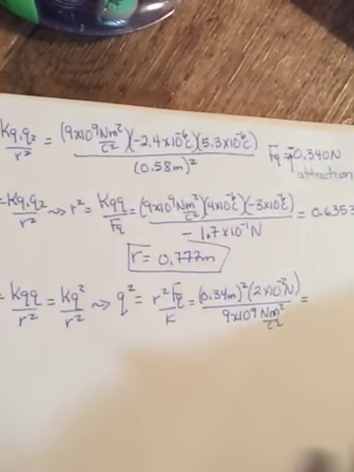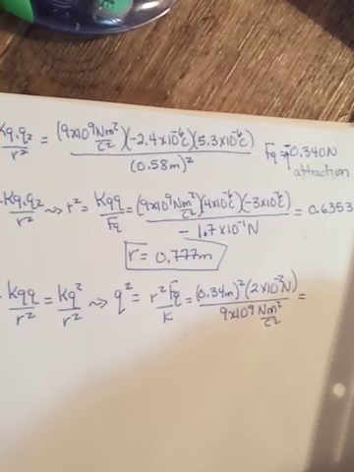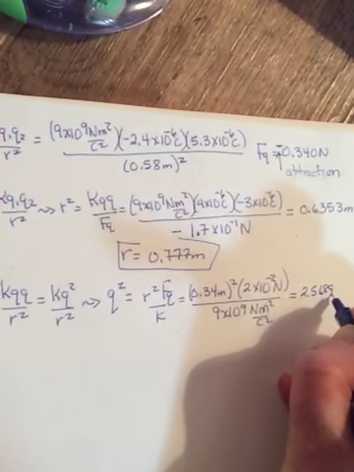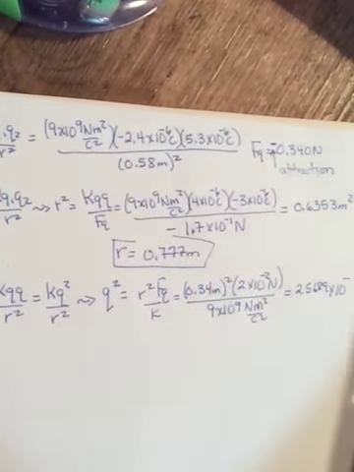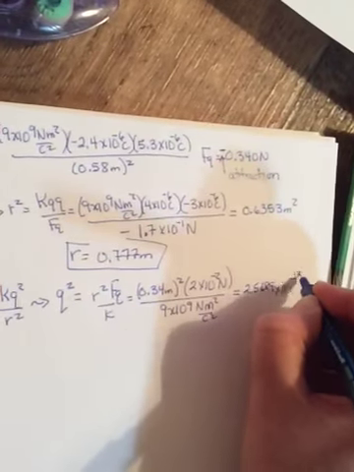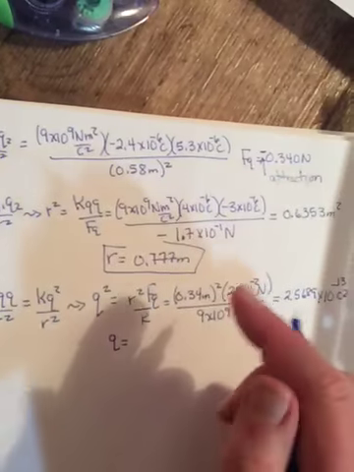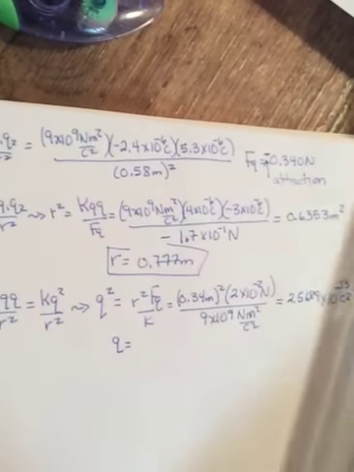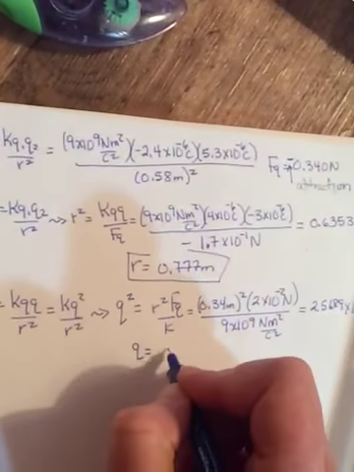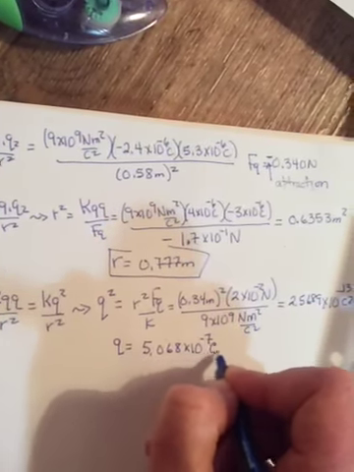And you will get a Q squared to be 2.5689 times 10 to the negative 13, I believe, coulombs squared. Take the square root, and you get Q to be 5.068 times 10 to the negative 7 coulombs.